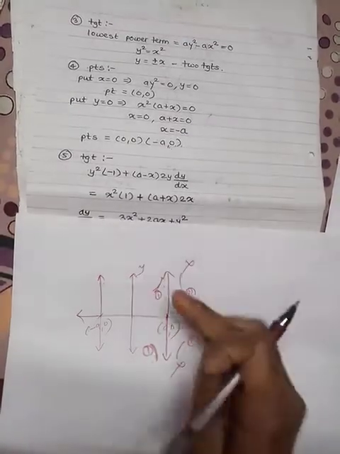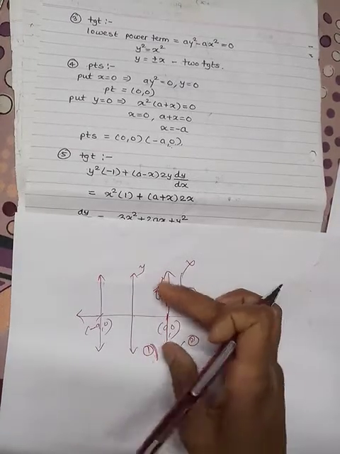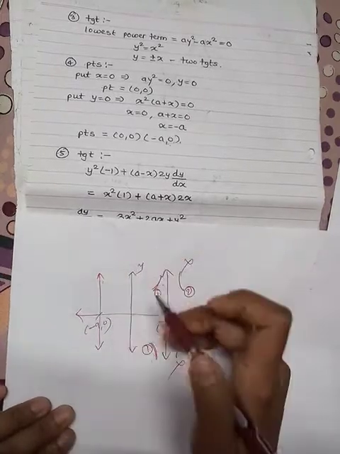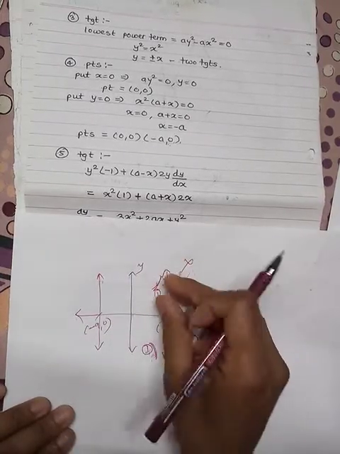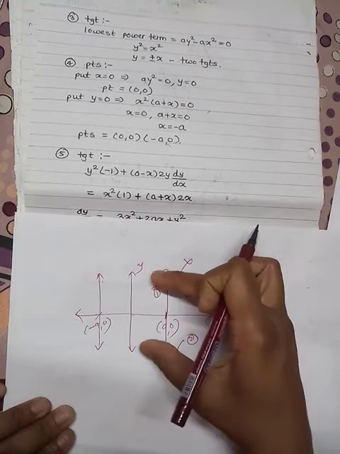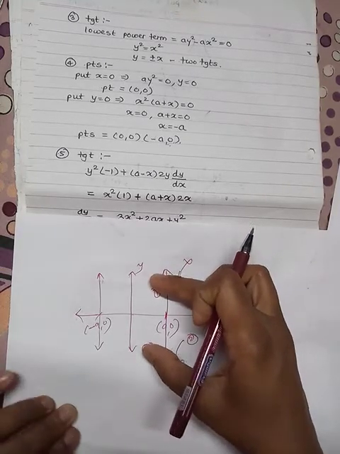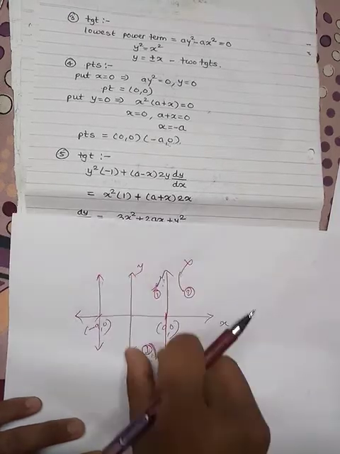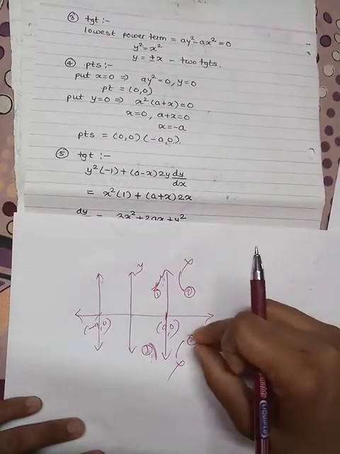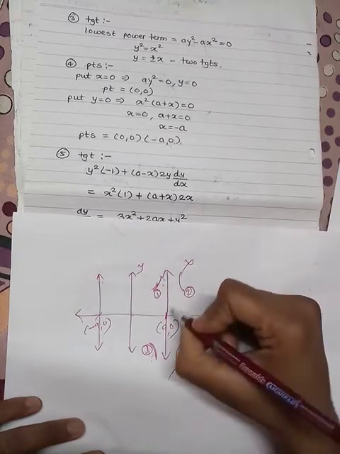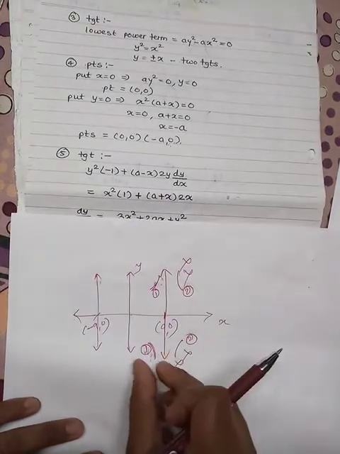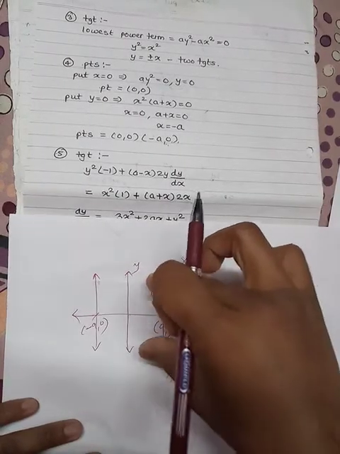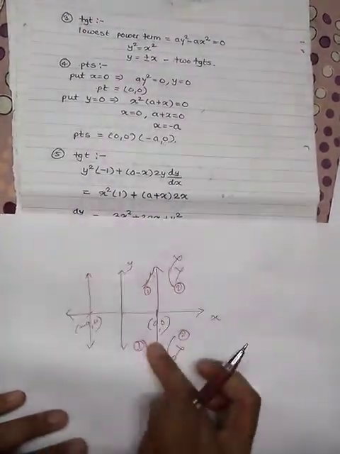As the curve is present in this region, we have to take both the parts, not only a single one. So this part is combined. If the curve is absent, we have to cancel both the parts, that is this possibility. If the curve is present, we take both the parts, that is this possibility. So this is for the asymptote.